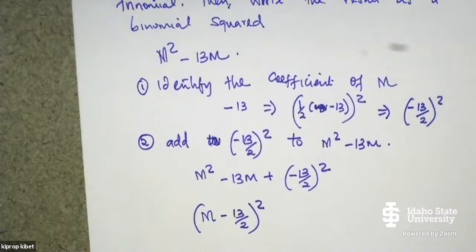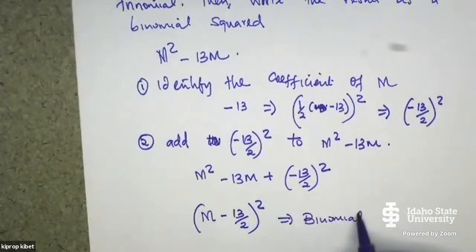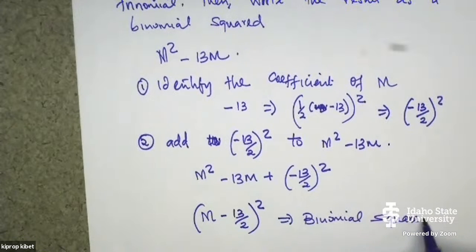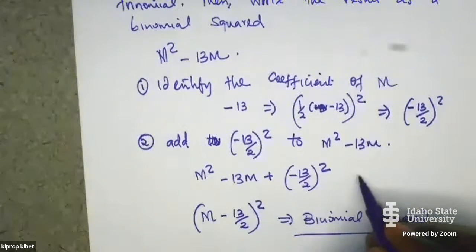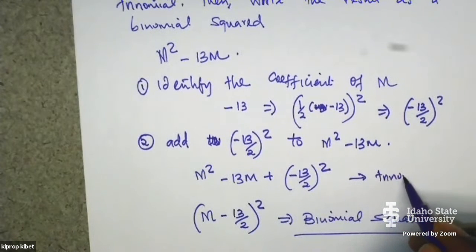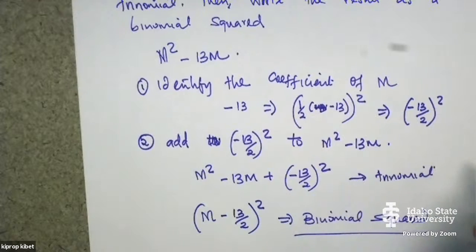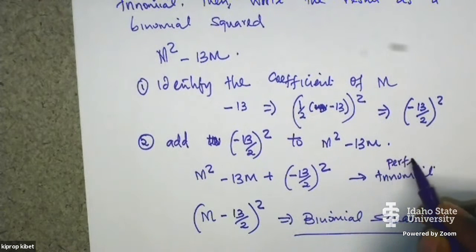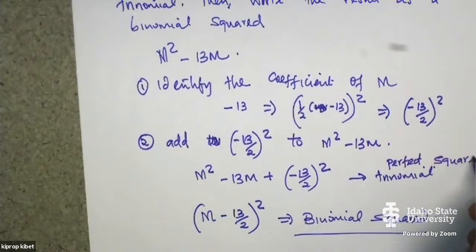So that is now a binomial square. So we have written it as a trinomial perfect square, and then this is now a binomial square. This is a trinomial. This is actually a perfect square trinomial.